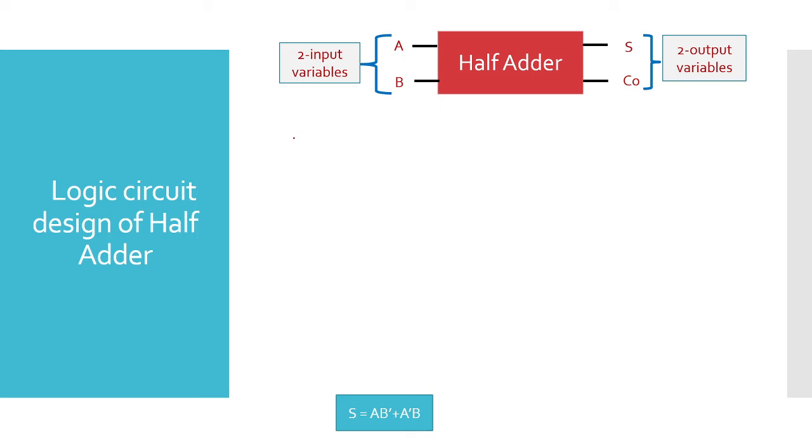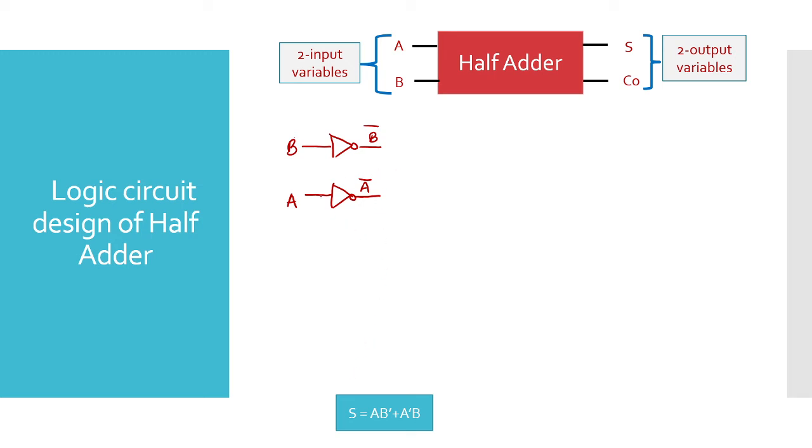Since it uses B bar, you first need to generate the B complement, so you use an inverter to get it. In the next term you need A complement, so you generate that too. First I generate the complements, and then I combine. The first term is A dot B complement.